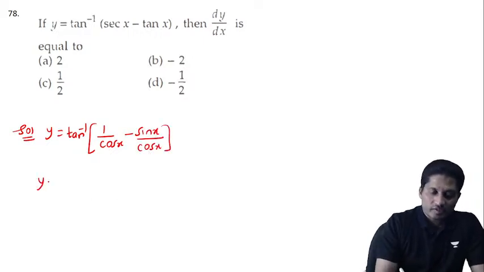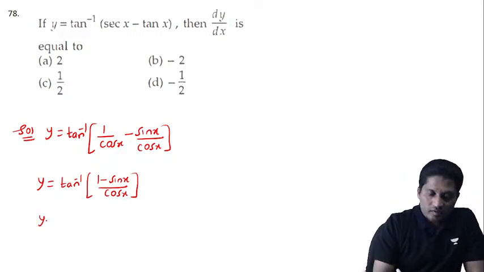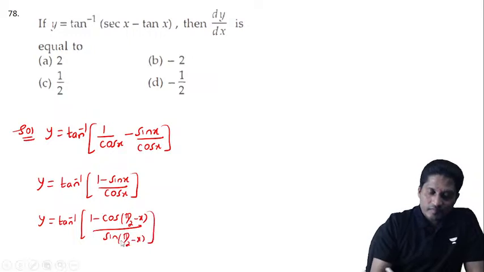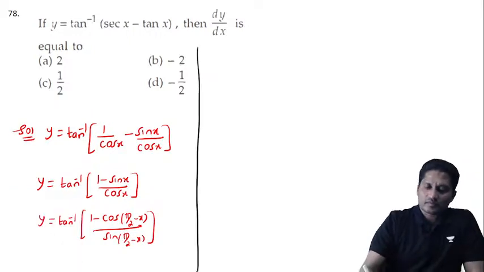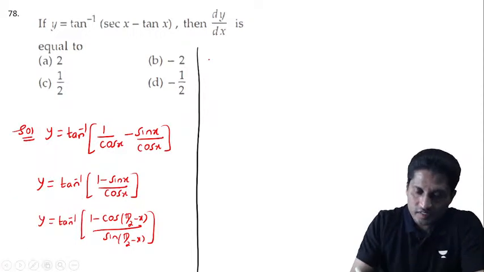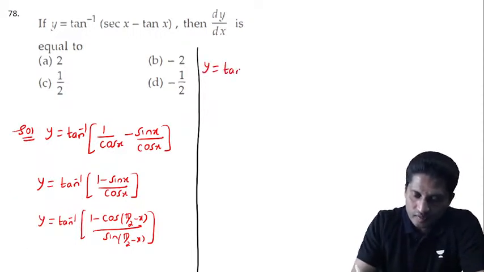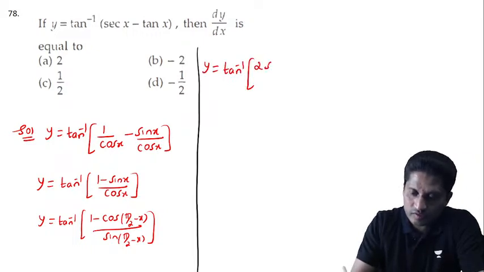Okay, now y is equal to tan inverse of (1 minus sin x) divided by cos x. Right, now y is equal to tan inverse of, sin x can be written as cos of (90 minus x) and cos x can be written as sin of (90 minus x). y is equal to tan inverse of, 1 minus cos x is 2 sin square x by 2. So this is 2 sin square of (pi by 4 minus x by 2).